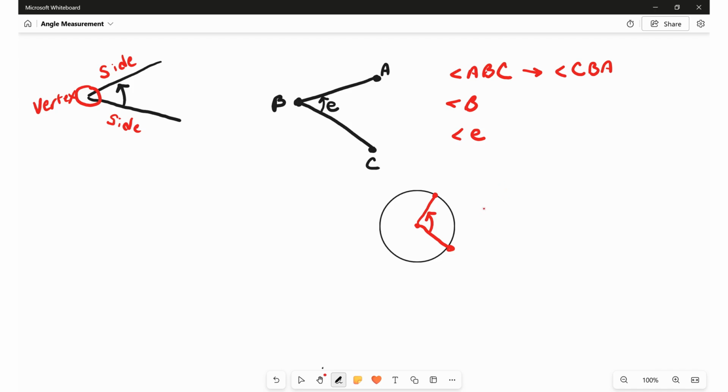In degrees, the total degrees in a circle are 360 degrees.